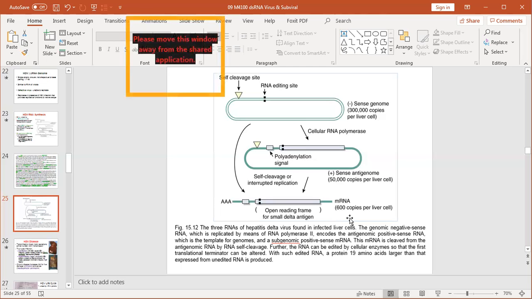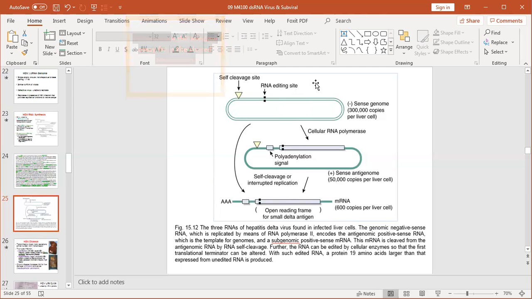There's another method that I did not discuss, and that is the RNA editing part. There is a site called RNA editing site, and what will happen is RNA will be edited by host cell enzymes.